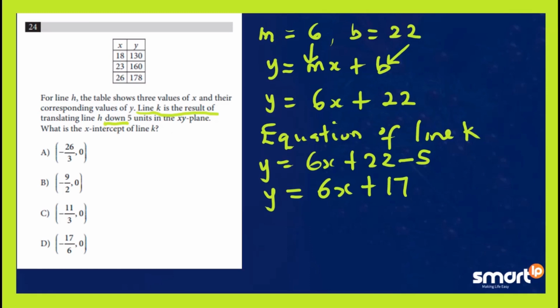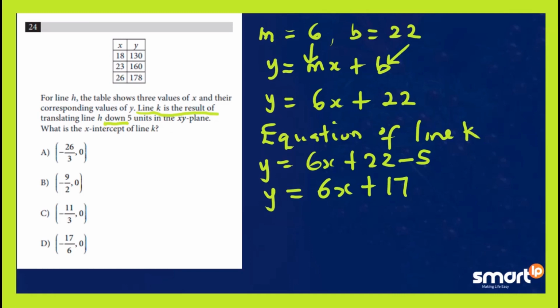Yeah, we're making progress. The next thing we're going to do, we're going to make use of this equation to get our x-intercept. Okay, how do we get the x-intercept? This is the good part, the simplest part. Please pay attention. The x-intercept can be obtained when y is equal to 0.